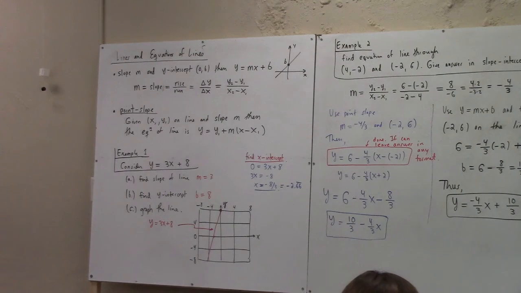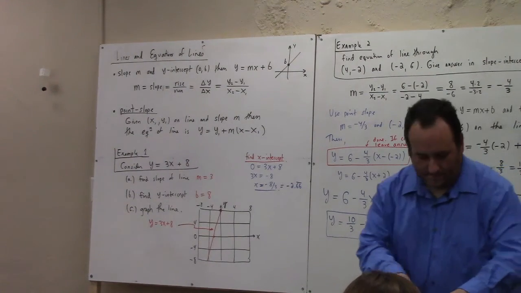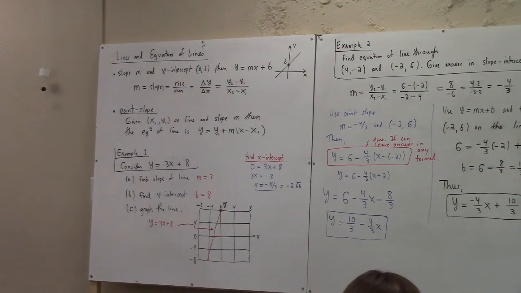Now, the point we're interested in is where those two lines intersect, right? Where the two lines intersect is where both equations are true. So how do we find that point right there?